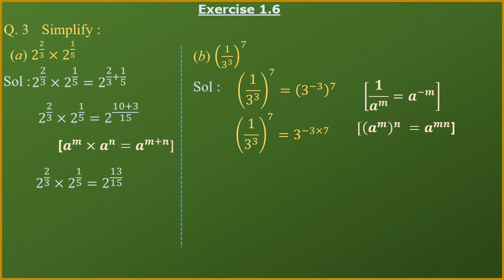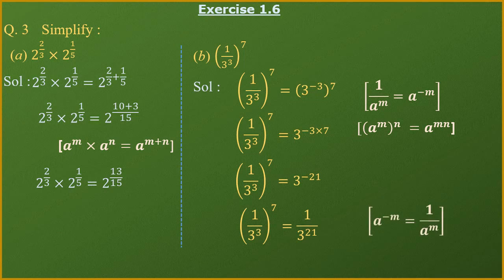So minus 3 and 7 I will multiply, it will become 3 to the power minus 21, and again this 3 to the power minus 21 I can take at the place of denominator, so the sign of the power will change, and the same formula I am using here, a to the power minus m is equal to 1 upon a to the power plus m, right? And 3 to the power 21, it is not possible to find out manually, it is very difficult, so you can leave the question till here, right?